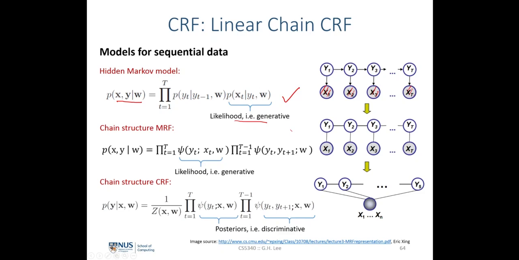And we can directly convert this into a chain structure Markov random field by replacing the directed edge with a non-directed one. And in this particular case, we can see that the joint probability distribution can be rewritten as the product of all the local potentials denoted by phi(y, x), as well as phi(yt, yt+1).